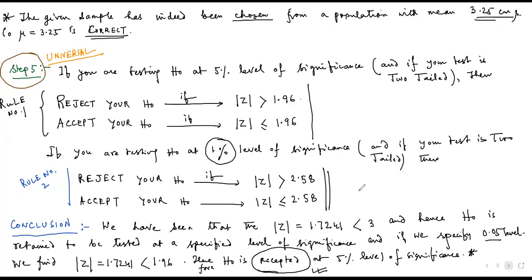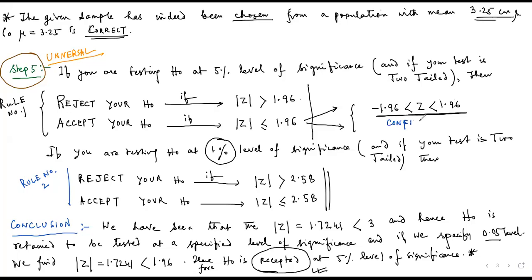And one more thing that I want to tell you: when we say that mod z is less than or equal to 1.96, for which the null hypothesis is accepted, you already know that this means your z is lying between minus 1.96 and plus 1.96. This limit is actually called confidence limit.